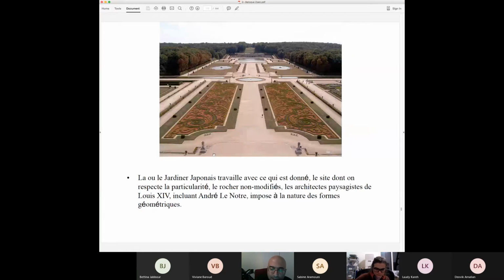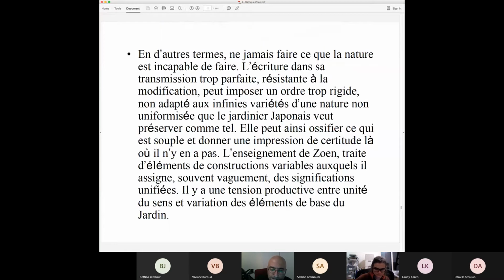So that, in effect, the Japanese gardener is trying to express unified ideas, and we're gonna see these ideas in a while, using, in effect, variable elements.